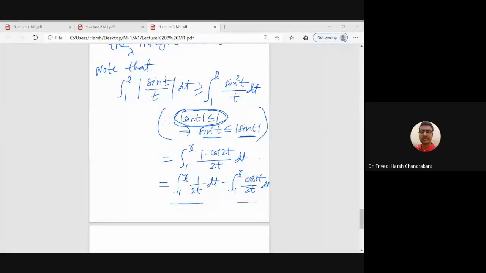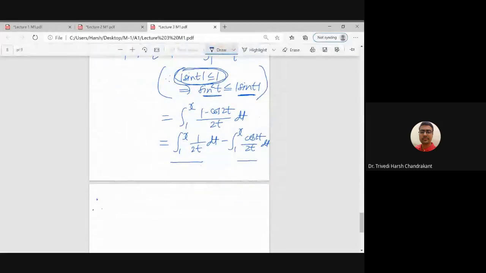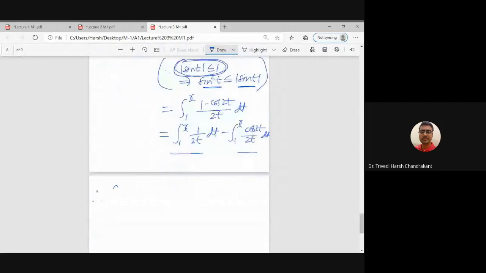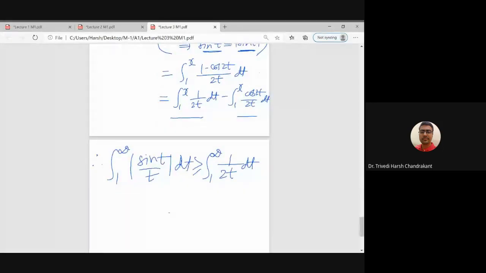Right? And then we will take the limit x tends to infinity. So if we take the limit as x tends to infinity, we get on the left side the integral from 1 to infinity of modulus of sin t by t dt, which is greater than or equal to the integral from 1 to infinity of 1 by 2t dt minus the integral from 1 to infinity of cos 2t by 2t dt.